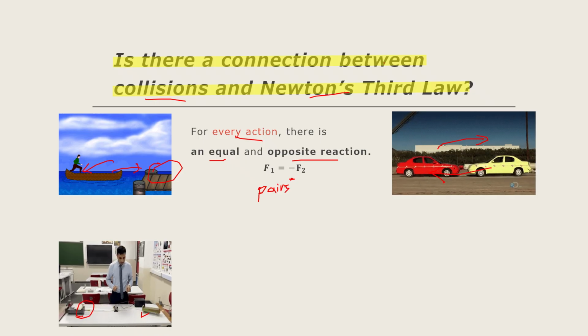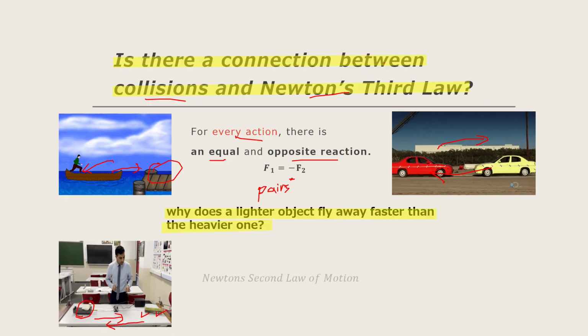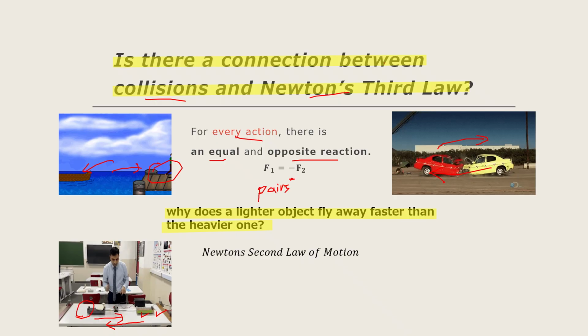And as I press the spring, the black trolley applies an action force on this lighter trolley, and that lighter trolley also applies a reaction force on this black one. But as a result, we see that the lighter trolley is moving faster. Why is this? Why does a lighter object fly away faster than the heavier one?